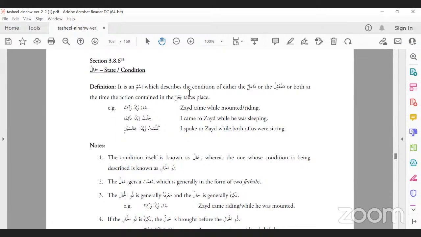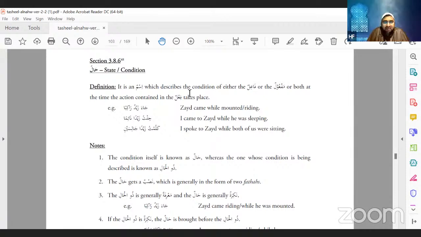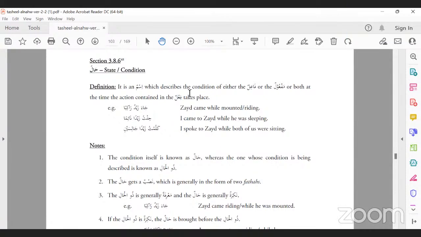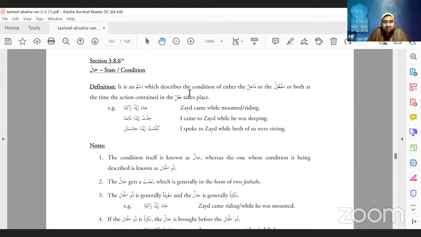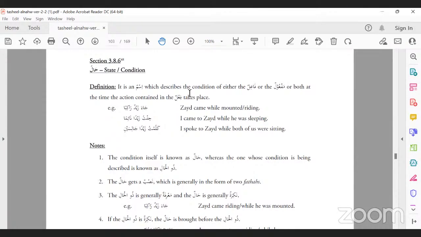The example is Ja'a Zaidun Rakiban. Zaid came while mounted, riding. Exactly. So his riding is the state of Zayd when he came. Why Zaid came, right? Yeah, while he was riding.